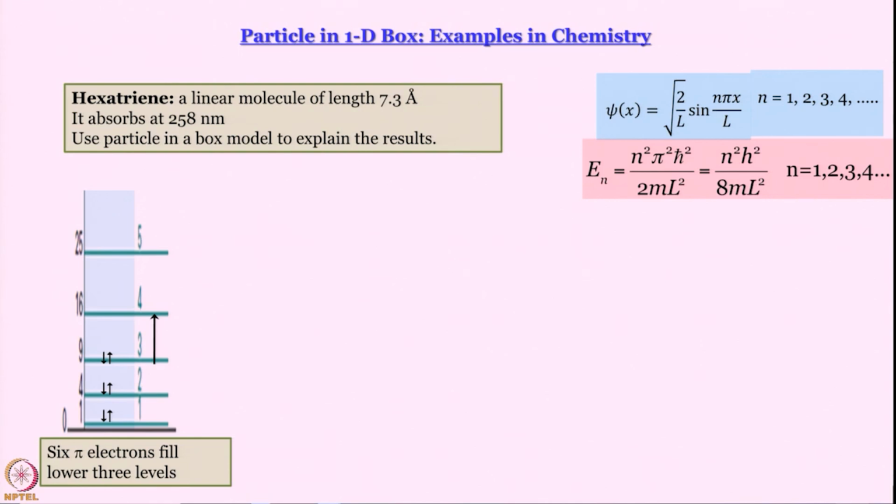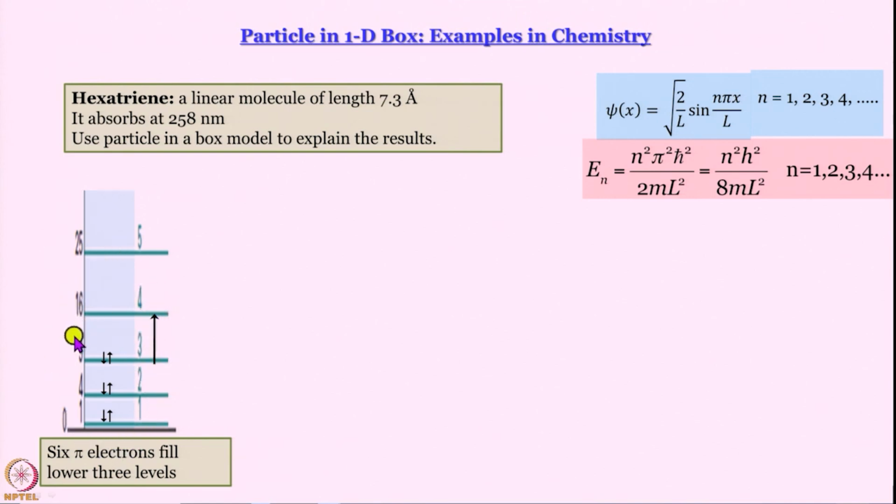So, what we can do is say that these molecular orbitals, now here we are jumping the gun a little bit, but you have studied molecular orbitals qualitatively earlier anyway. So, let us say that the energies of molecular orbitals are given by a particle in a box model. How many pi electrons are there? There are 6. So, this is how you fill in using the rule that each orbital cannot accommodate more than 2 electrons. What will be the highest occupied molecular orbital? n equal to 3. So, the lowest energy transition that can take place will be from n equal to 3 to n equal to 4.